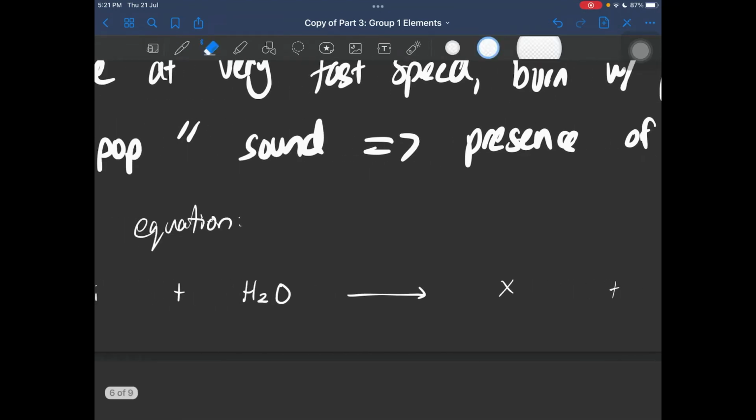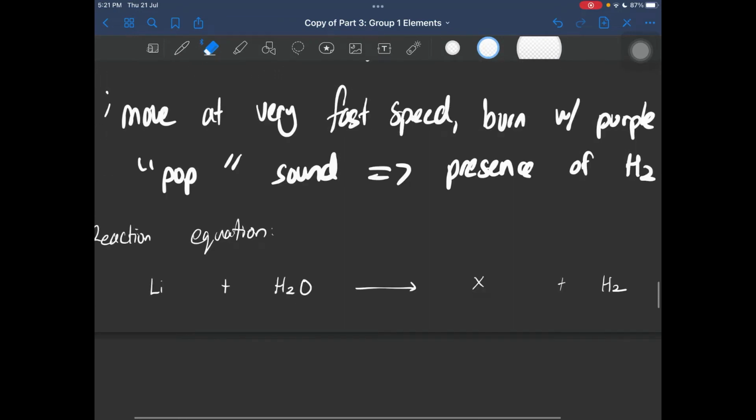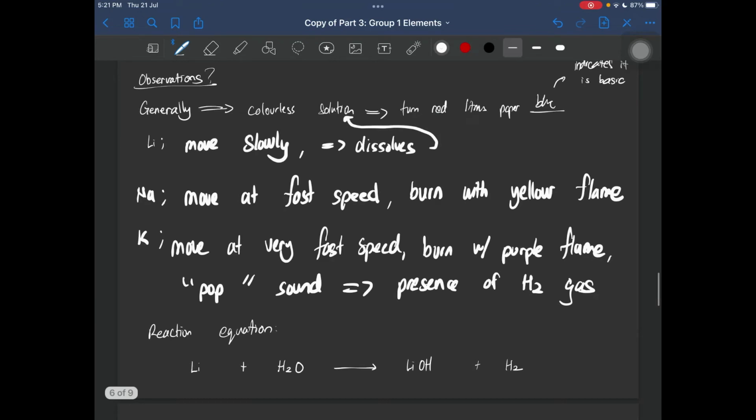So what is this X? The X is actually lithium hydroxide. That is why it is basic, because lithium hydroxide is a base. It is going to dissolve in the water to form an alkaline solution, which is why it turns the red litmus paper blue.